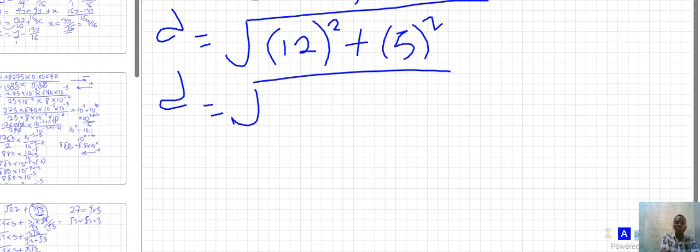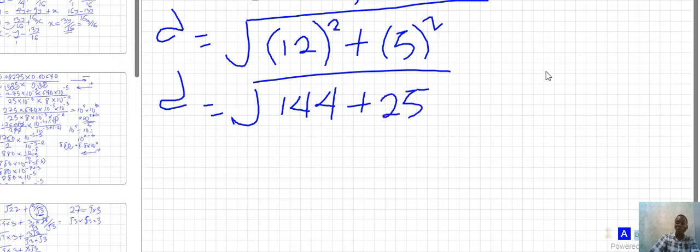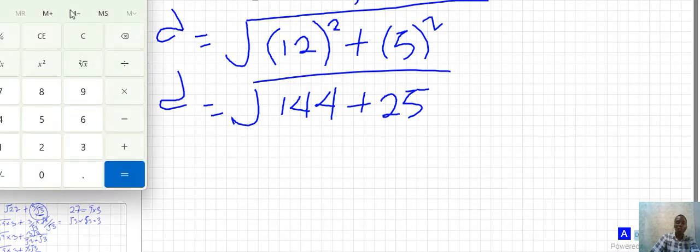Now 12 squared is going to give us 144, plus 5 squared, which is 5 times 5, equal to 25. So if you add these two, you get your value. 12 squared is 12 times 12, which is equal to 144. 144 plus 25 will be equal to 169.